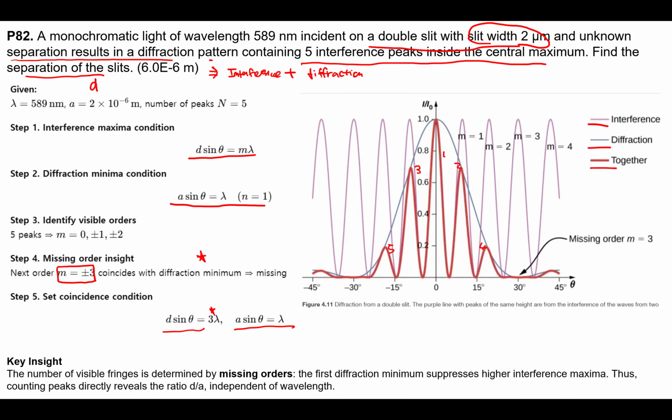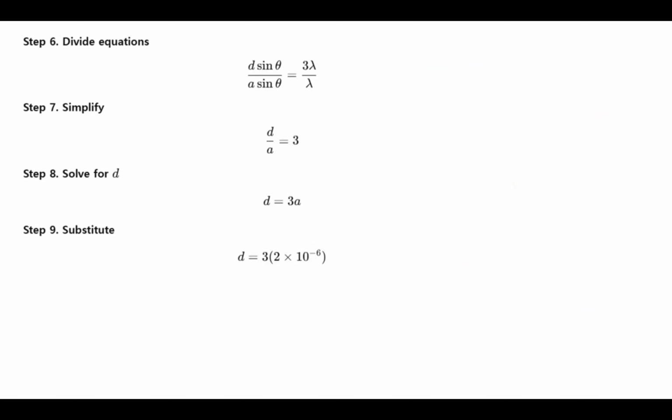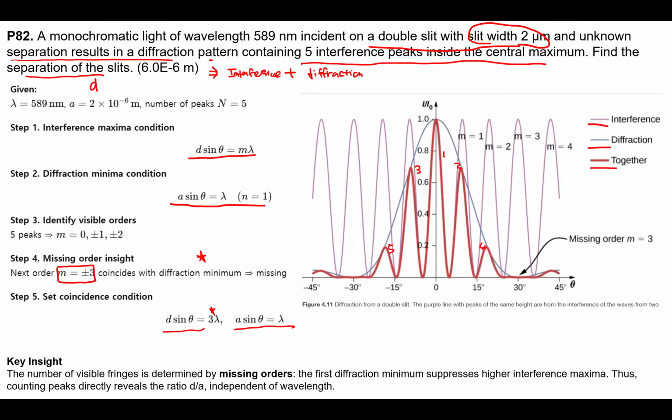By doing so, d sin theta over a sin theta is 3 lambda over lambda, so d over a is 3, so that the slit spacing is given by 3 times a. Okay, that's the outcome. The key point is that you need to put the 3 here because it is a missing order.